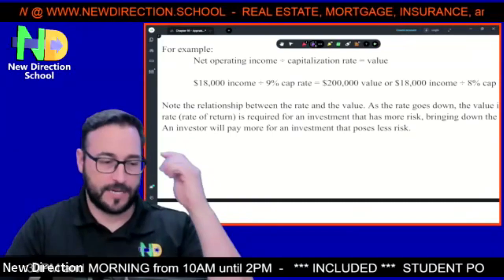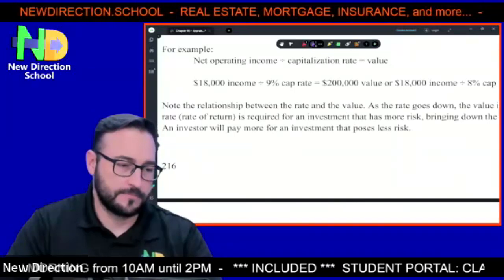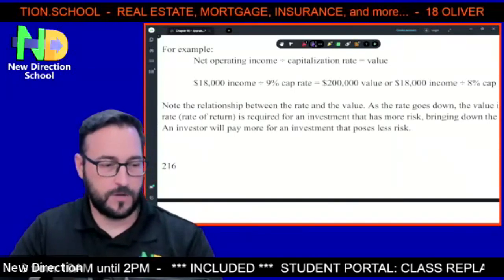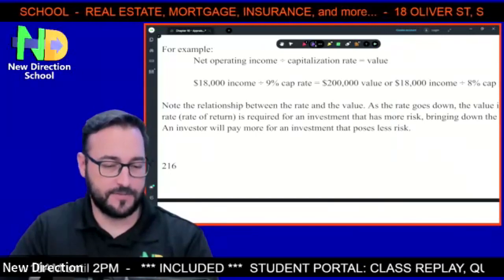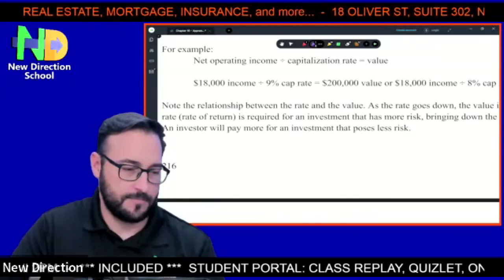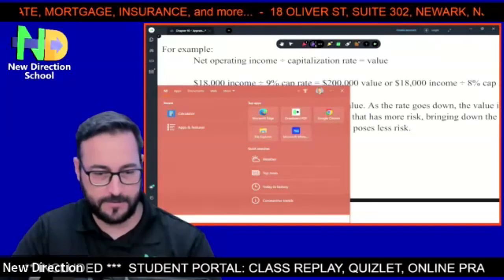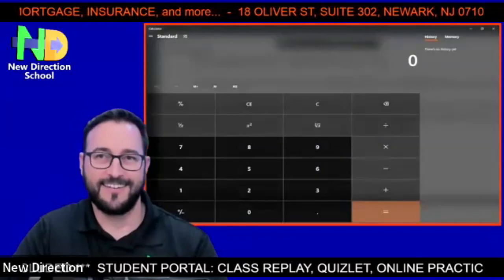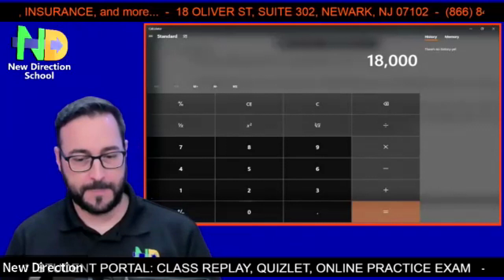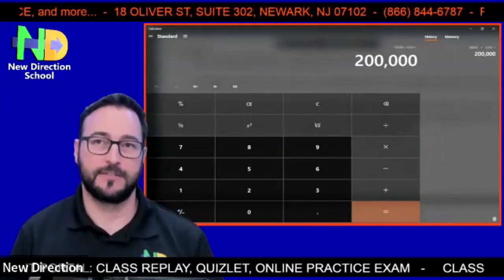A lesser cap rate. Are you saying divided by 9 or by 9% gives you the same? What kind of calculator do you have? So 18,000 divided by 0.09, 200,000.